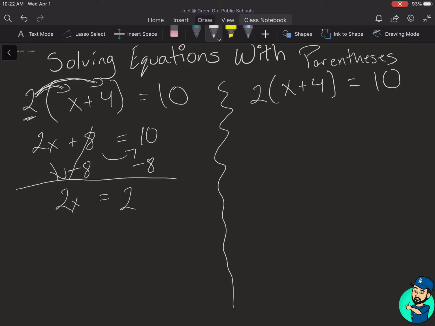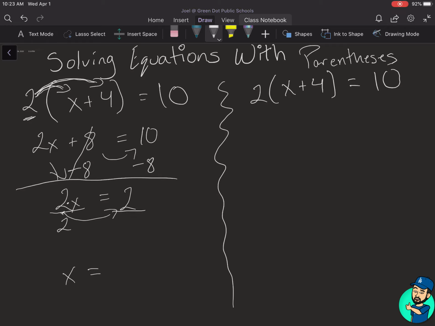Now I need to get rid of this 2. I've got to move this 2 to the other side of the equal sign to leave x by itself. Between the 2 and the x is an invisible multiplication sign. You need to use an inverse operation to move that 2 to the other side of the equal sign. What is the inverse operation of multiplication? Or what is the opposite of multiplication? Division.